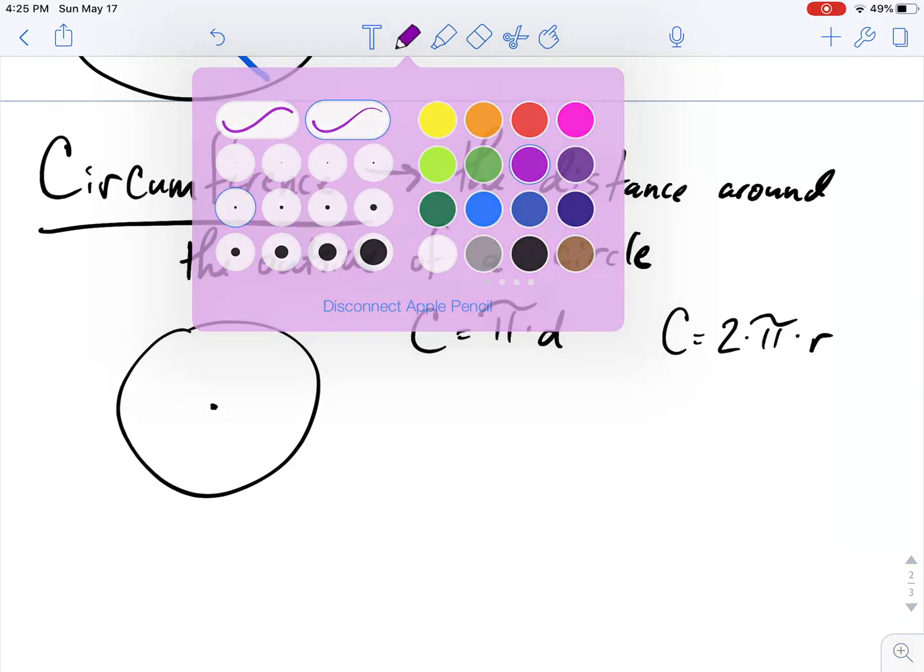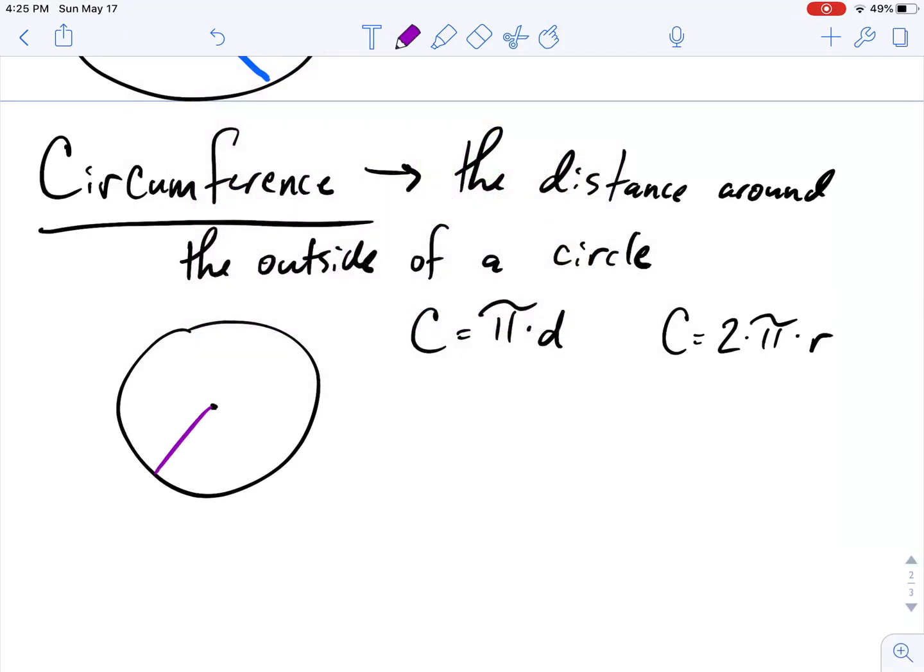So if I give you a problem that looks like this, let's say this is 3, the radius is 3. So to find this, you do circumference equals 2 times pi times 3, because that's the radius. So this is 2 times 3 is 6 times pi.